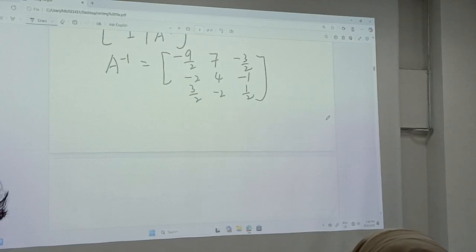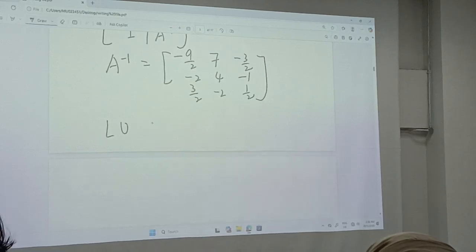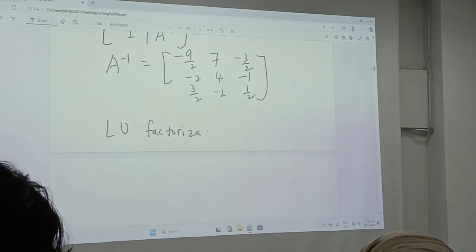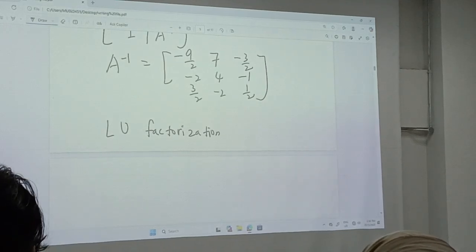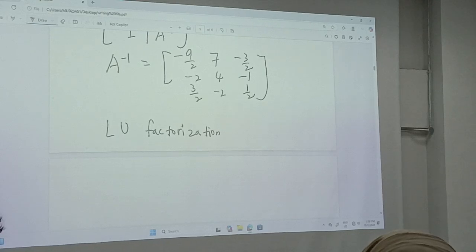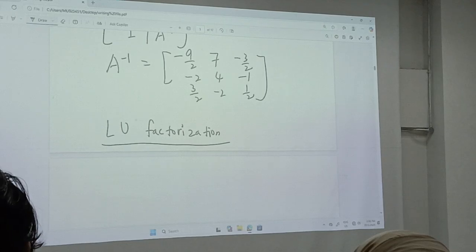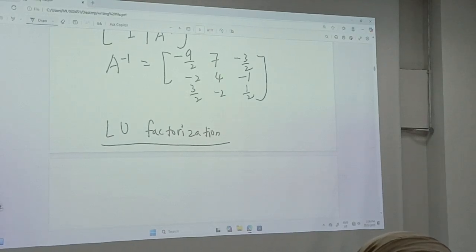So now last one, LU factorizations. So after we cover this, we can cross check LU factorization.